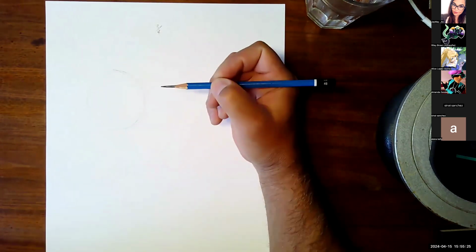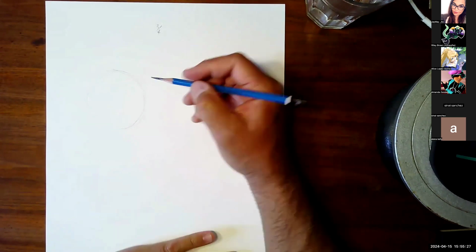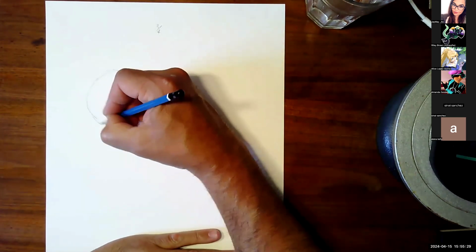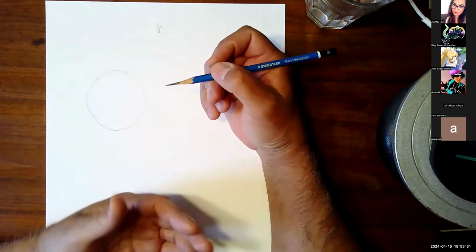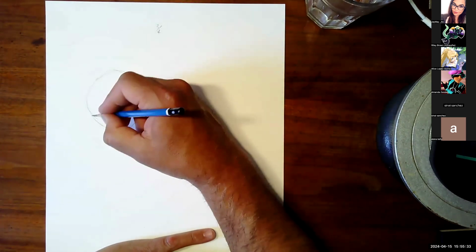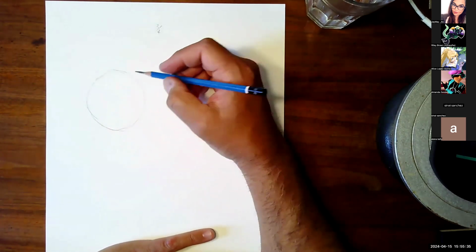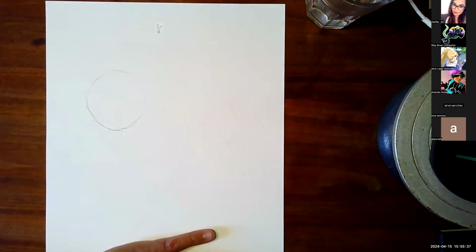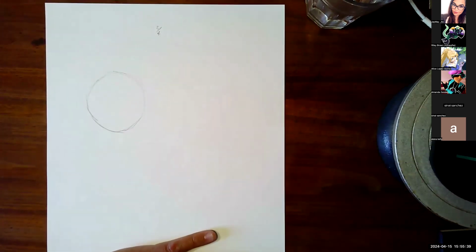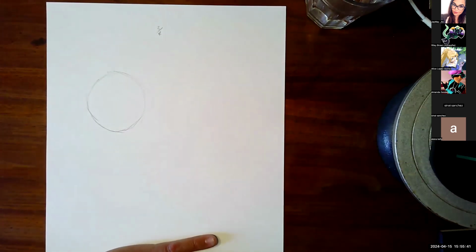Say I wanted to draw the face of somebody out of my imagination, or maybe I'm drawing from life. If I'm drawing from life, maybe what I'll do is try this technique with our assignment.